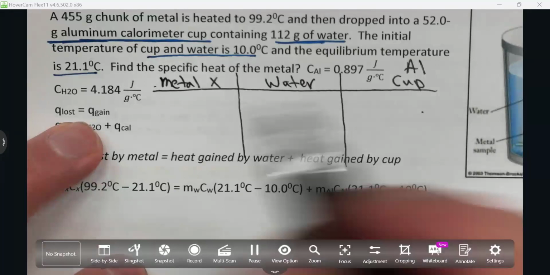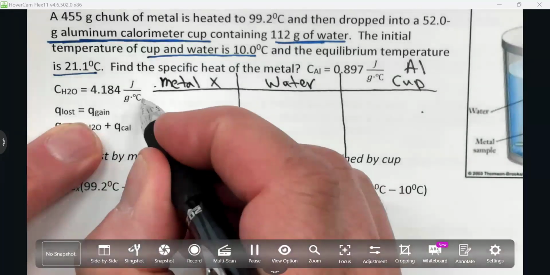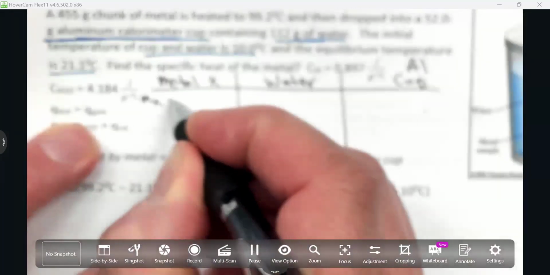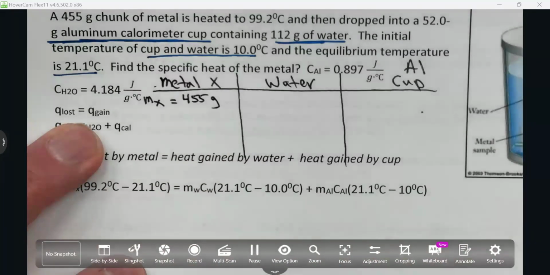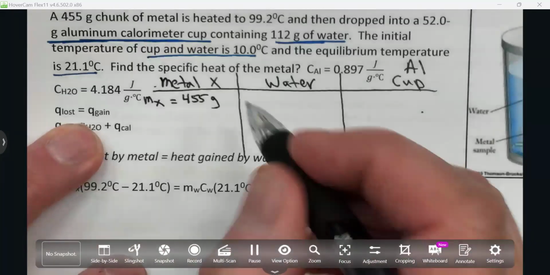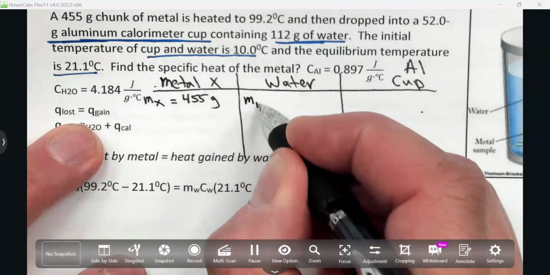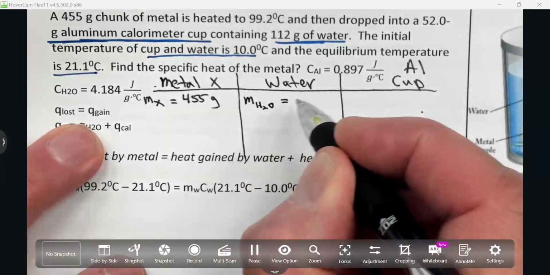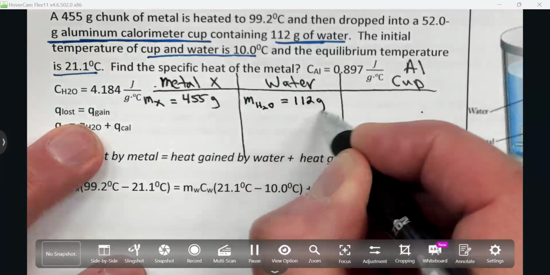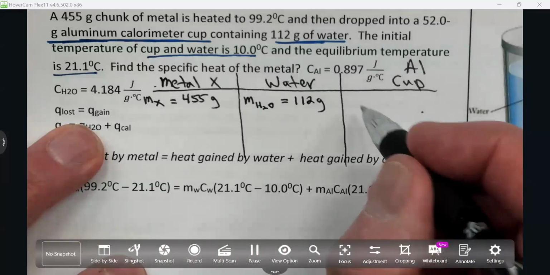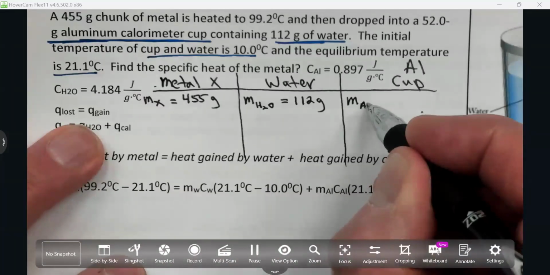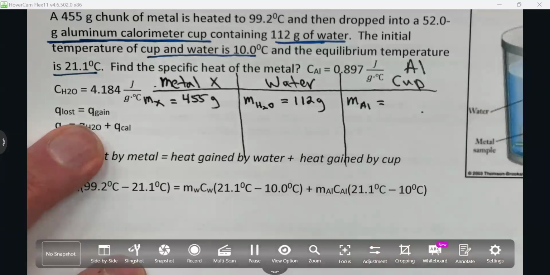I've got my mass of metal. I'm going to put MX. My mass of metal, 455 grams. Let's go across. My mass of water, 112 grams. And my mass of my aluminum cup is 52 grams.